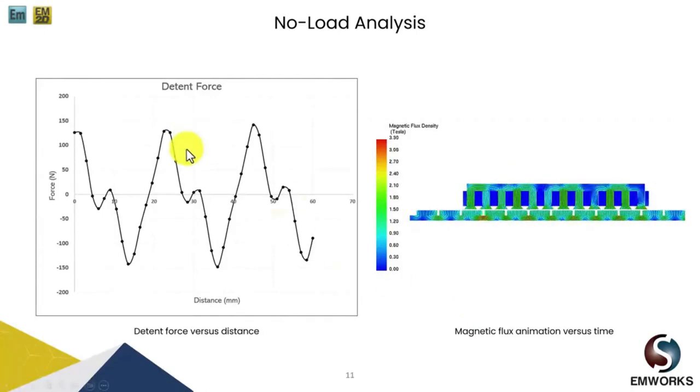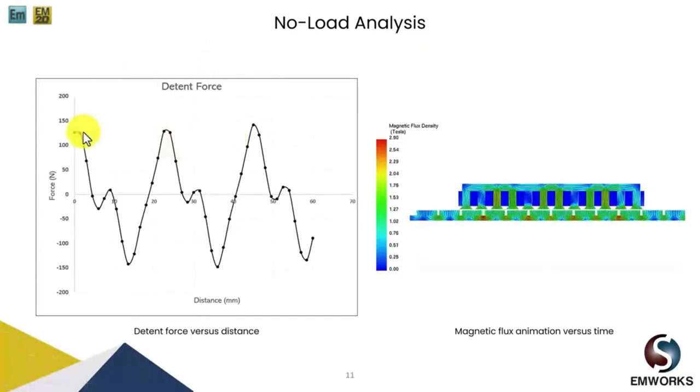It is caused by the attraction between the permanent magnet and the iron core without input current. The slot effect is caused by the attraction between the PM and the slotting of the iron core. It has a wavelength of 1 slot pitch. The slot effect of detent force is analogous to the cogging torque of a rotary PM motor, and for this analysis we get a detent force of around 135 Newtons.